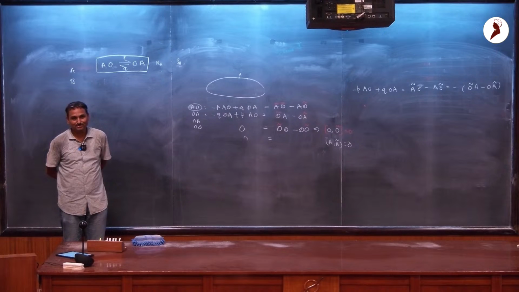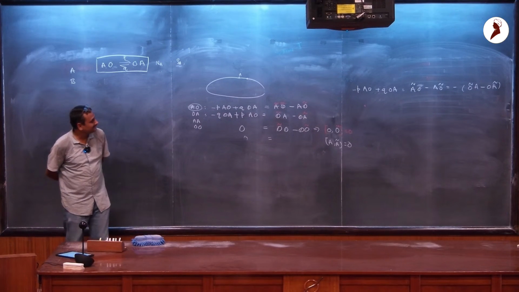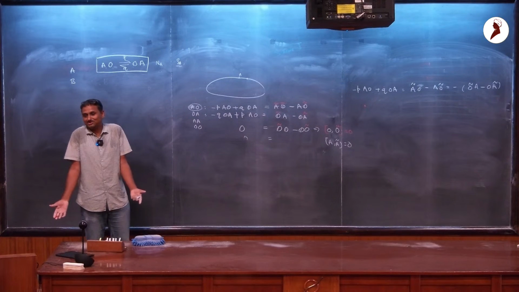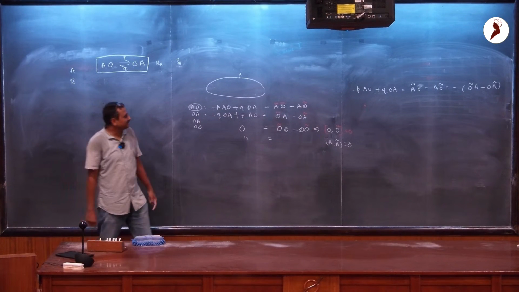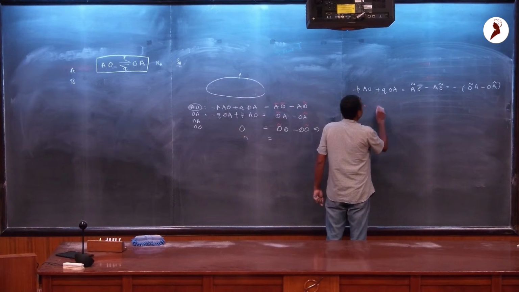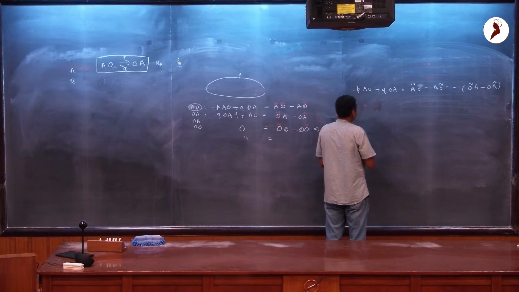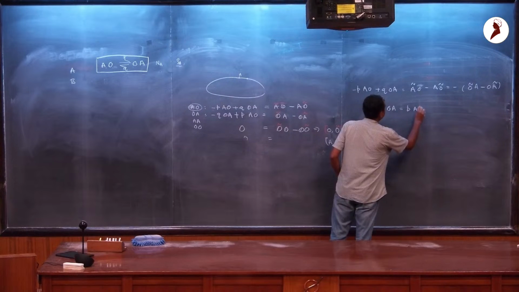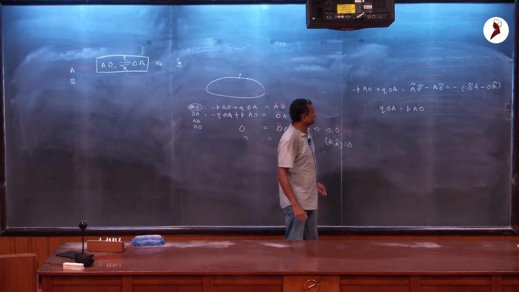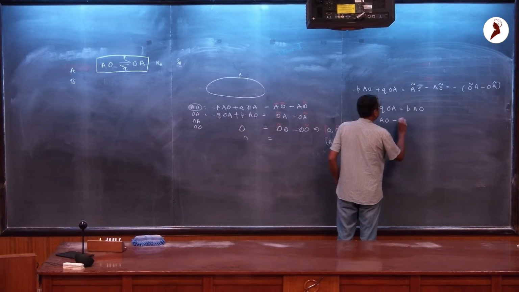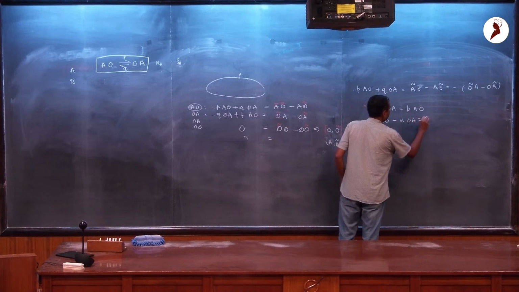Will it work? Let us try with 0. If it works, that's the simplest, right? Because you don't have a choice to make. So if A tilde and O tilde equal 0, then the equation reduces to only one equation, Q OA equal to P AO, and so AO minus alpha OA equal to 0.